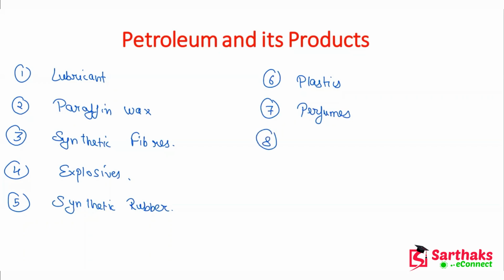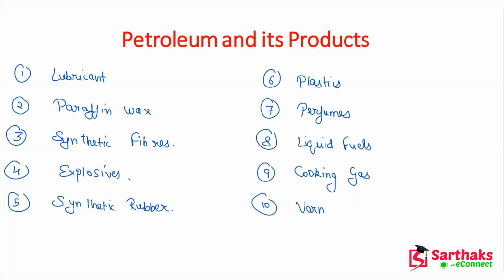The next is liquid fuels. Liquid fuels are petrol and diesel, and we know the importance of liquid fuels nowadays. We also use them in cooking gas. And the tenth is that they are used in varnishes and dyes.